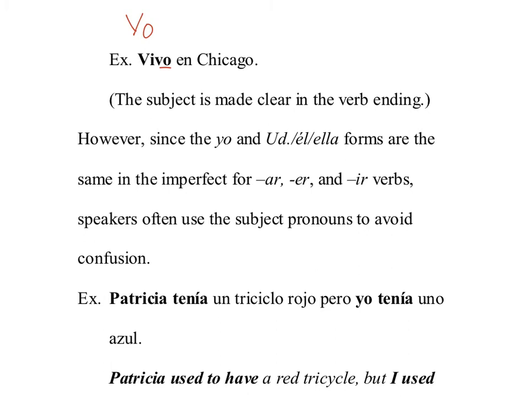So in this example, we've got Patricia tenía un triciclo rojo, pero yo tenía uno azul. So here we see tenía and tenía are the same. The first one is Patricia, and the second one is yo.